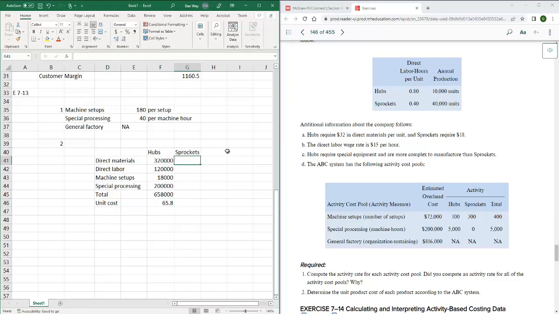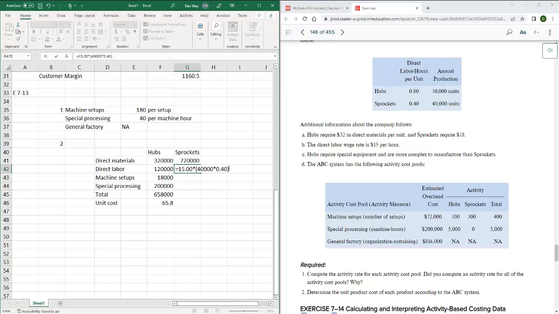Let's do the same thing for the sprockets then. Direct materials are just $18 per unit, and we're going to make 40,000 units of the sprockets. Direct labor, we had that wage rate of $15 per hour. We'll multiply that by the 40,000 units we're making of the sprockets times the 0.4 hours per unit it takes in labor to do that.